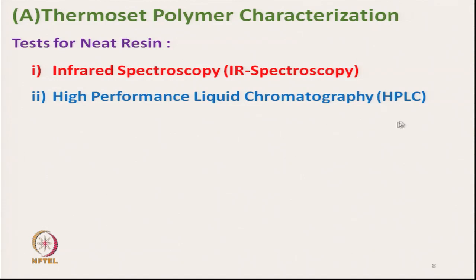Next is HPLC, high performance liquid chromatography. Viscosity is an extremely important characteristic for matrix material. If the material is highly viscous, then penetration of the matrix inside the fibrous structure will be poor.